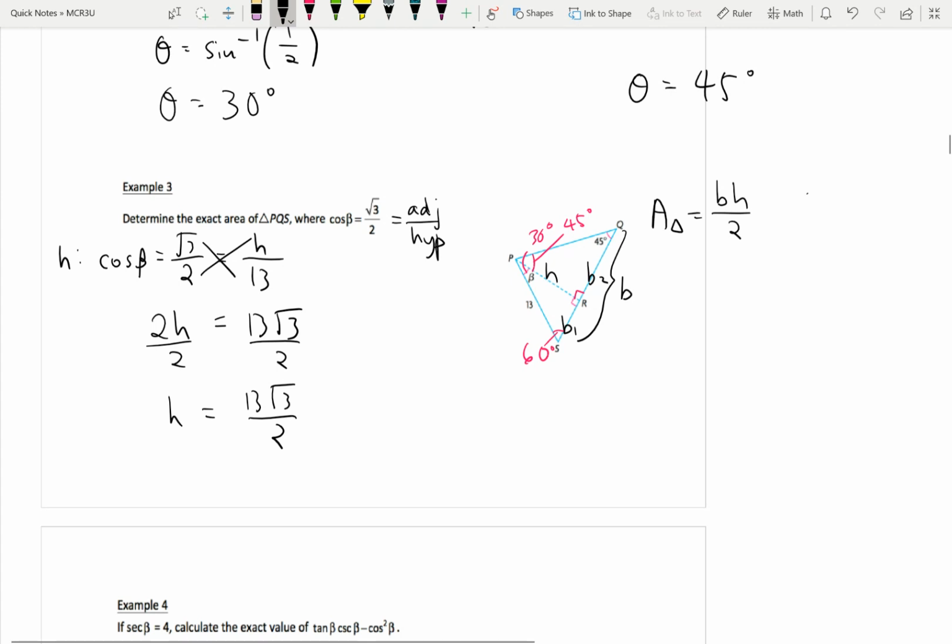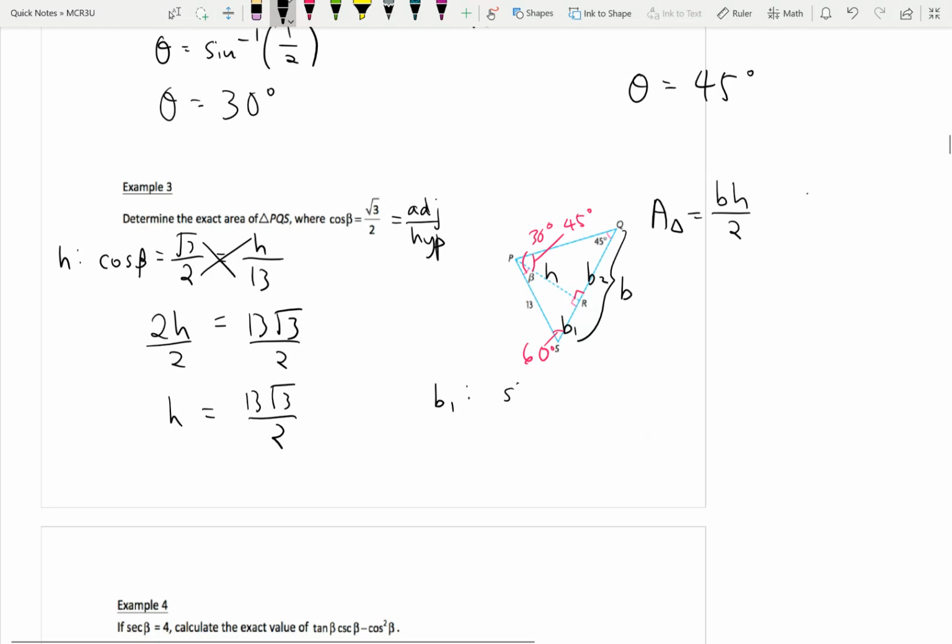So what I'm going to do is, to get B1, I'm going to use the same angle, beta, which is 30 degrees. And this time, instead of using the cos ratio, I'm going to use the opposite over hypotenuse ratio because I want to figure out what B1 is. So that would be the sine ratio.